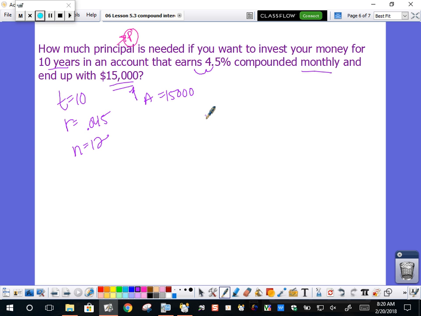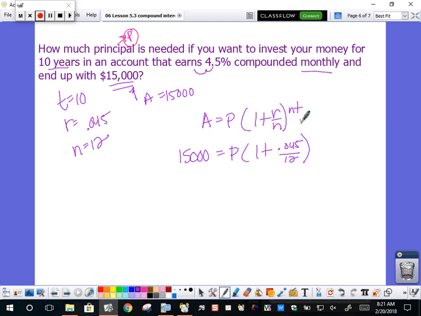Okay, so we'll plug this in the same way. Remember the formula is A equals P times 1 plus R over N to the NT. Okay, so the final amount's 15,000. We're trying to find the principal. The interest rate is 0.045. Monthly, so 12 times a year.